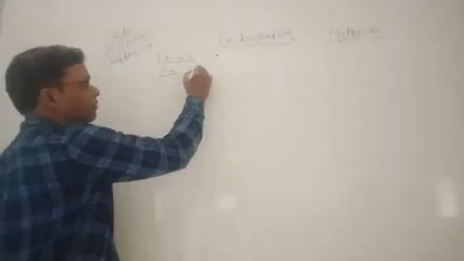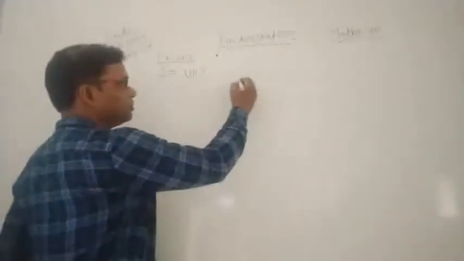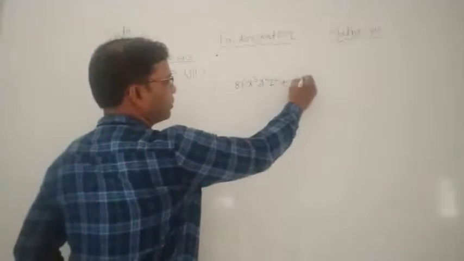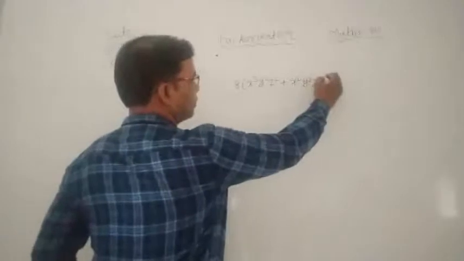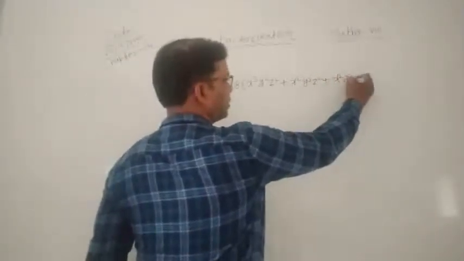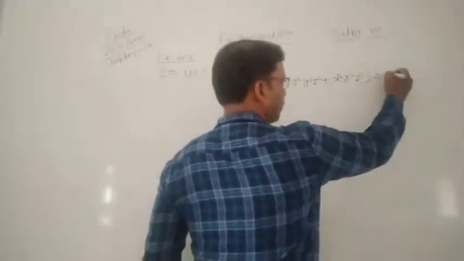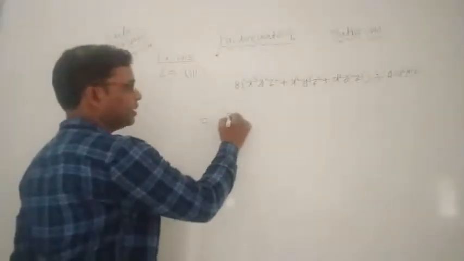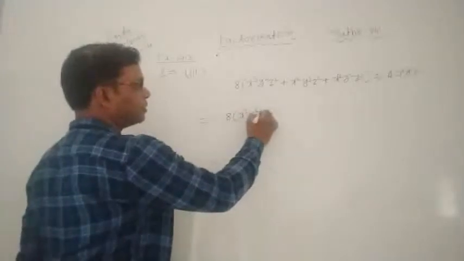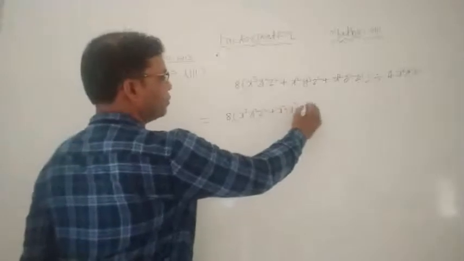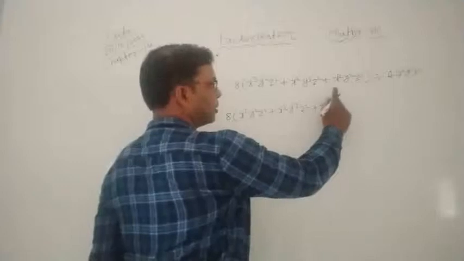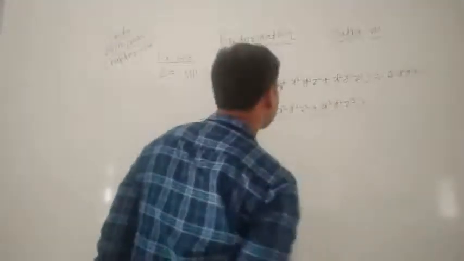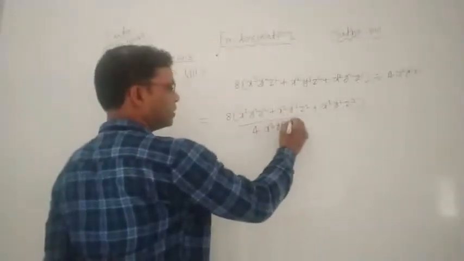So let's see how we can find the quotient of the given division. You can write it like this: 8 x power 3 y square z square plus x square y power 3 z square plus x square y square z to the power 3 divided by 4 x square y square z square.